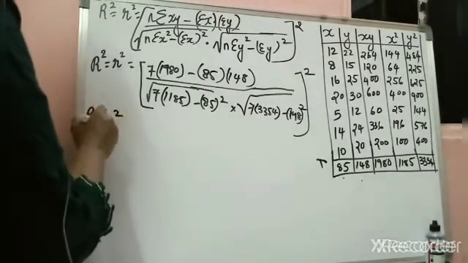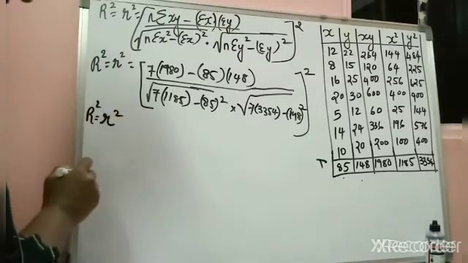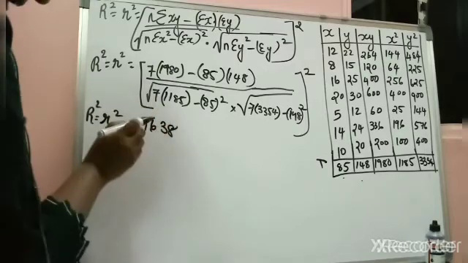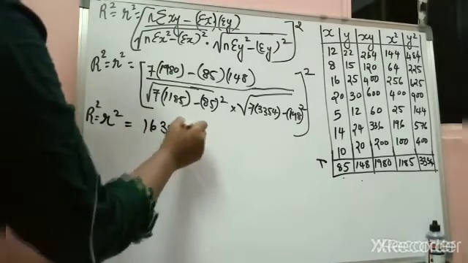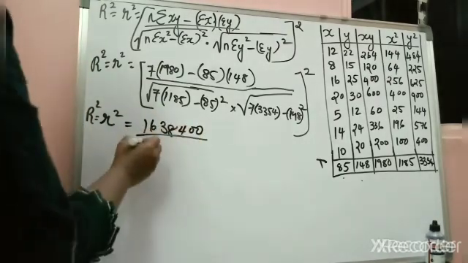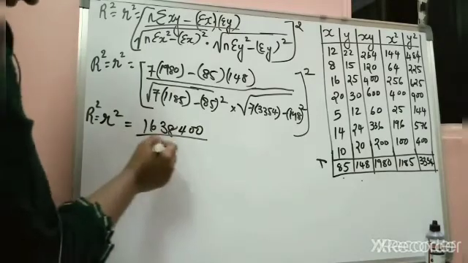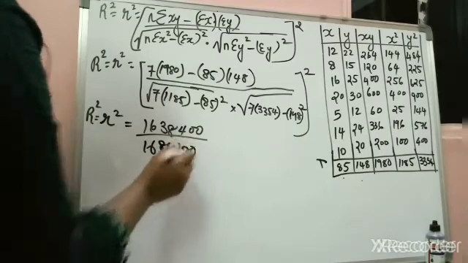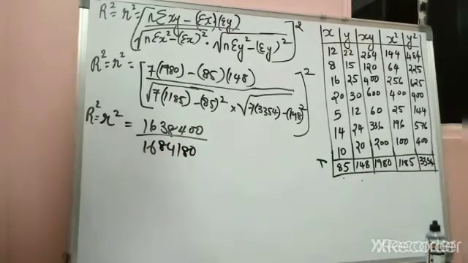Your answer would be like this: around 1638400 divide by 1684180. I hope it is right.